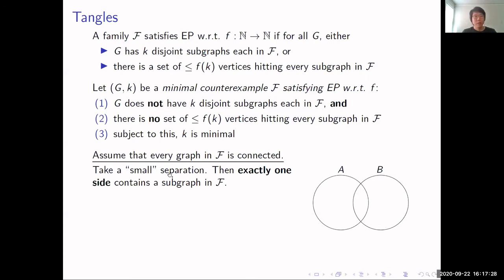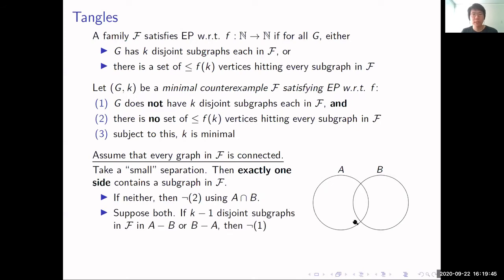Right. So when I say a small separation, I just mean that the part in the intersection is small. So it's a small cut. The claim is that if you give me any small separation, then exactly one side of the separation contains a subgraph in F. So if neither side contains a subgraph, then the middle part is a small hitting set. So that's a contradiction.